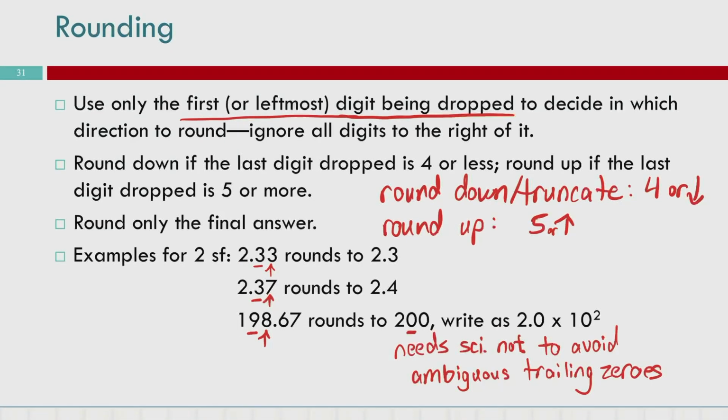Another thing that I'd like to point out, because this will happen, somebody's going to do it at some point this semester, always happens. 198 is pretty close to 200. If we round it to 2 significant figures, we don't drop the 0 in the ones place, it doesn't turn into 20. It stays as approximately 200. So anytime that we round something, it should be about the same size, only changing it a tiny little bit.